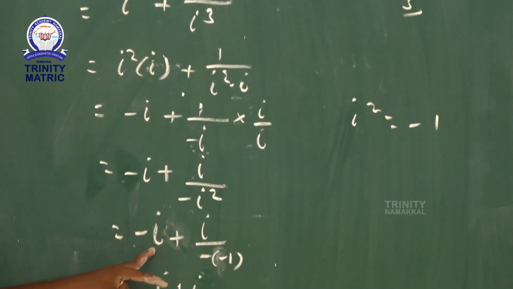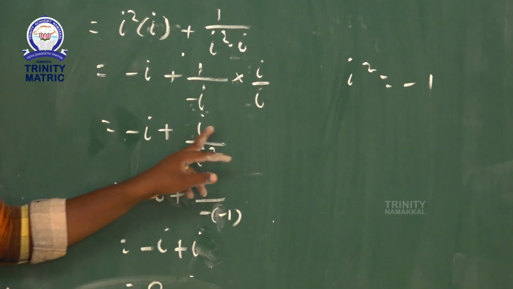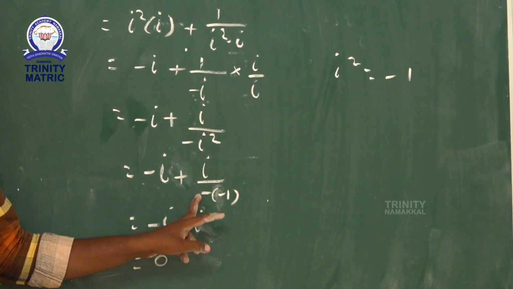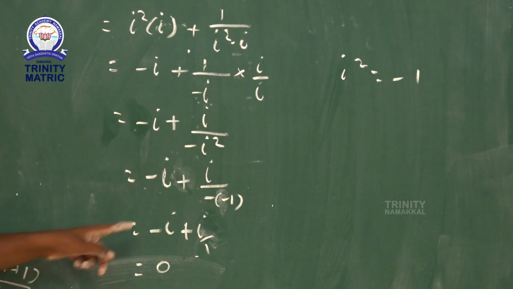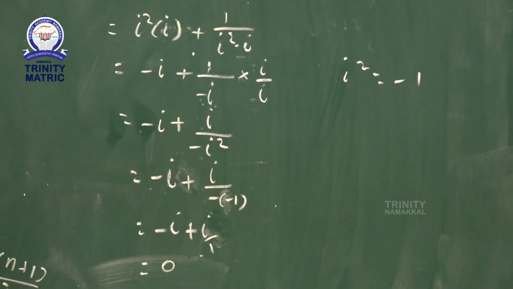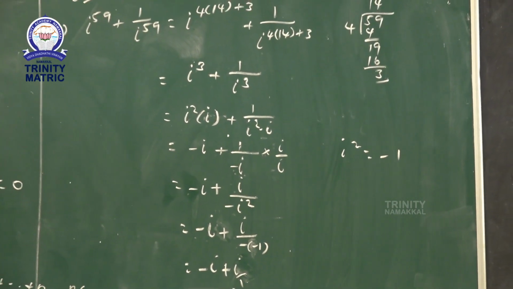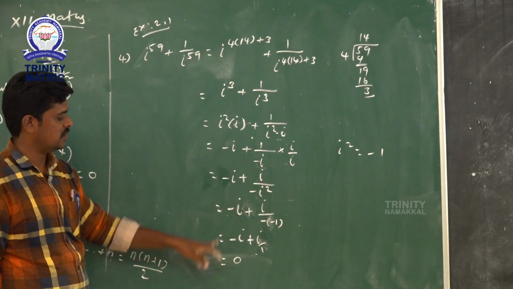Here first term minus i, plus 1 by minus into i squared value, again minus 1. So minus into minus 1, plus 1. So the final answer is minus i plus i, which is equal to 0. The negative and positive values sum to 0. So the answer: i power 59 plus 1 by i power 59 is equal to 0.